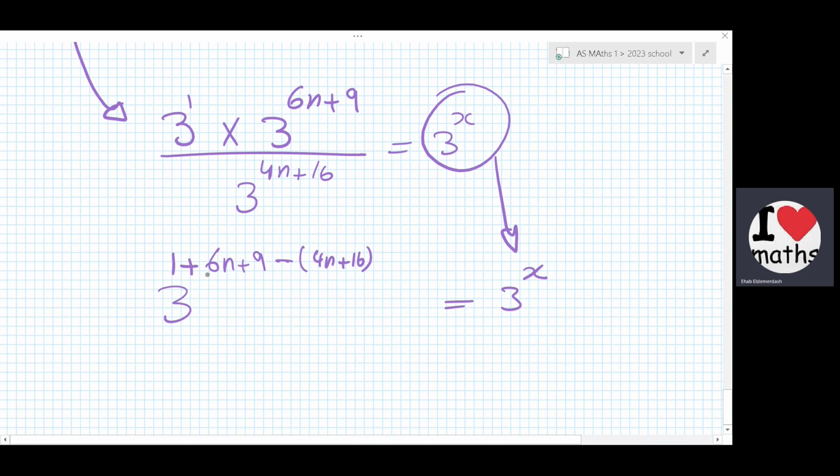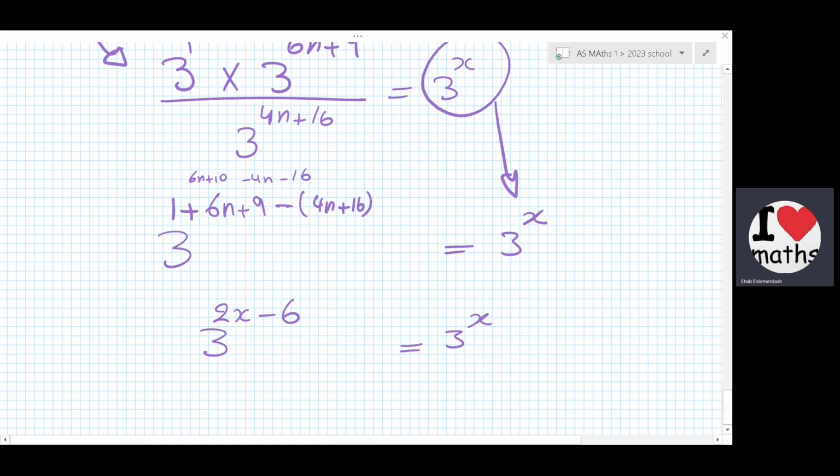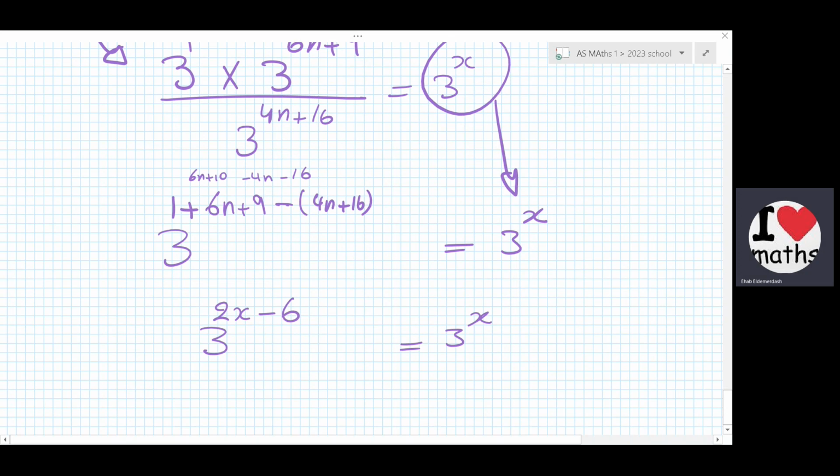Of course, someone a bit clever can do 1 plus 6n plus 9, which is 6n plus 10, minus 4n and minus 16. So the final answer is 3 to the power of 2n, and then 10 minus 16 equals negative 6. Are you with me, guys? With me, Hassan? So I get 3 to the power of 2n minus 6 is equal to 3 to the power of x. What we did now: 6n minus 4n became 2n, then plus 10 minus 16 is negative 6.